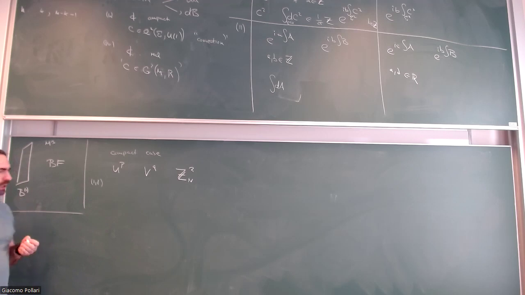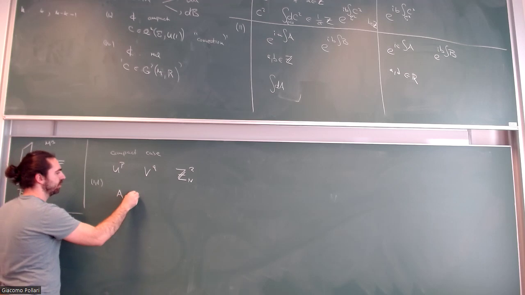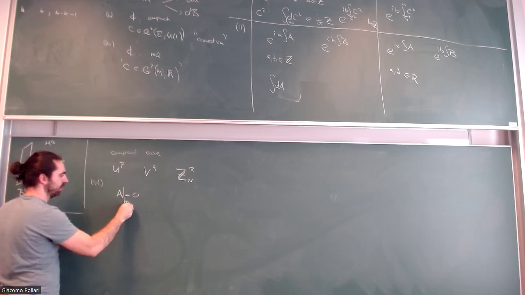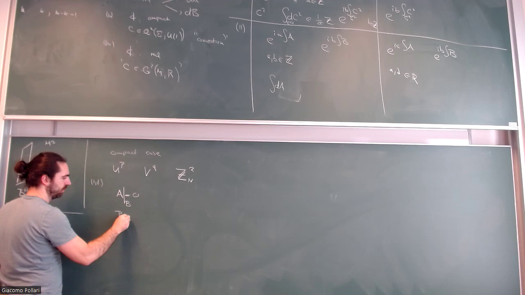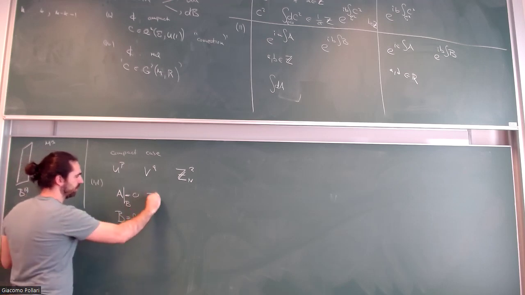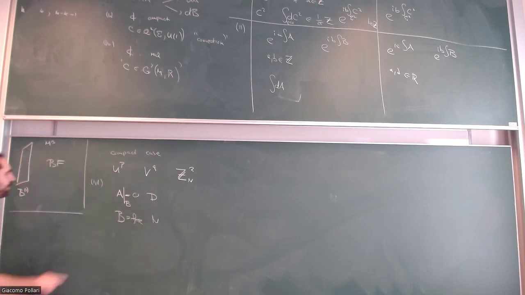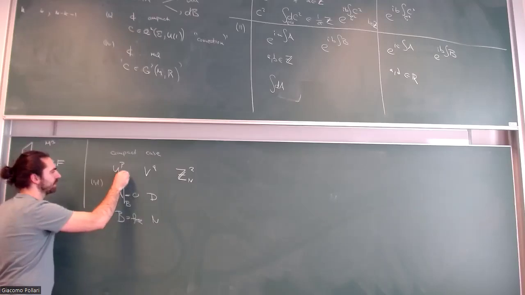What I mean by that is that if, for instance, I require that A is 0 at the boundary, and B is whatever, then these are the A lines and B lines.